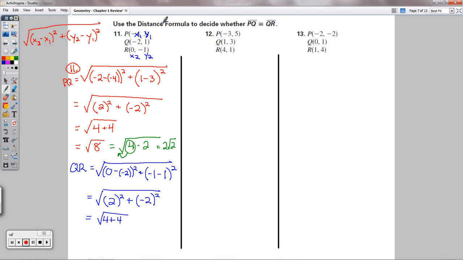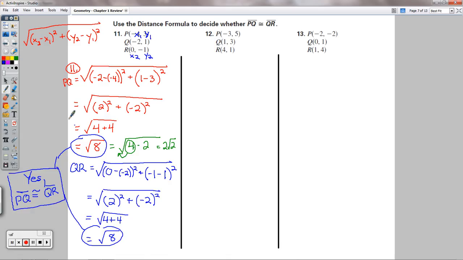Now we've used the distance formula to determine this. So this is square root of 8. You can do the same thing here. And so based on this fact that you have this and this being the same, I'll circle this, I'll circle this. Are they congruent? You can say with certainty yes, that PQ is congruent to QR based on what we did there.